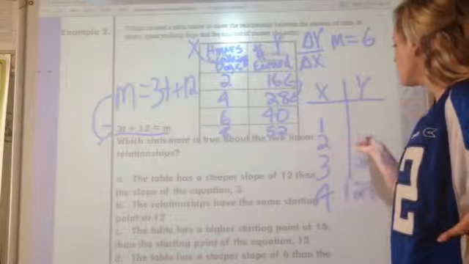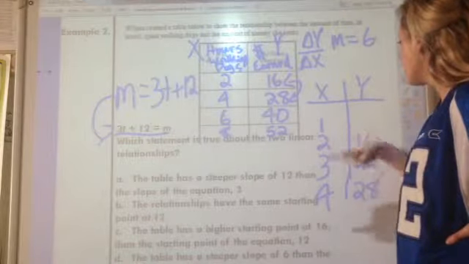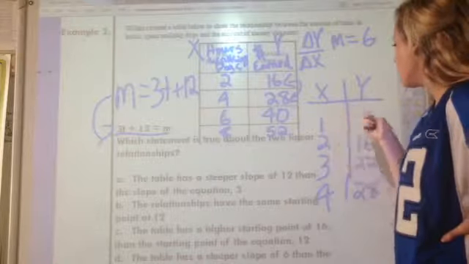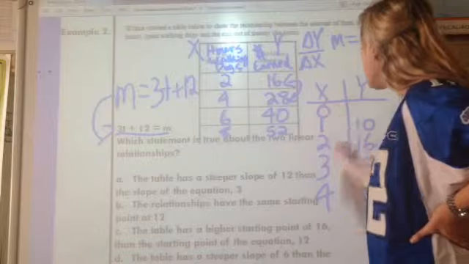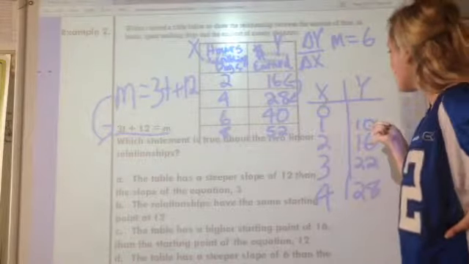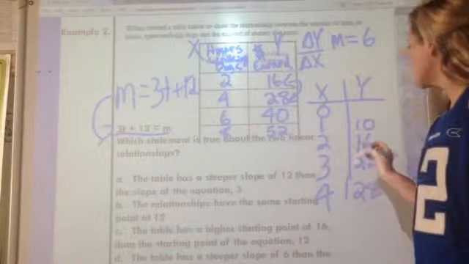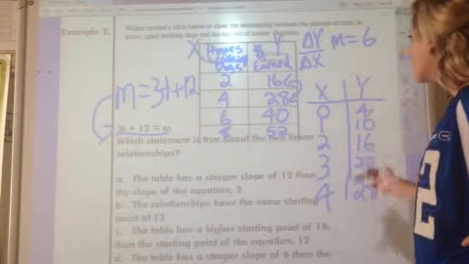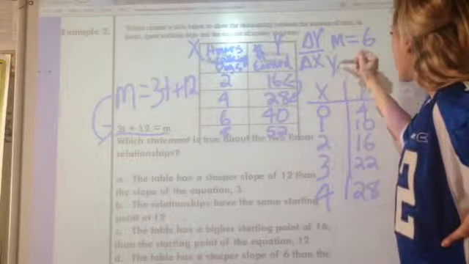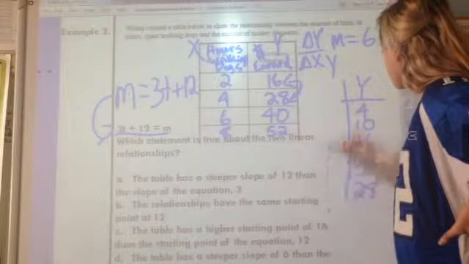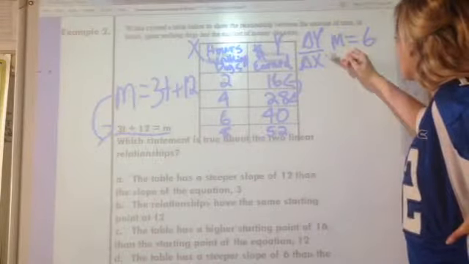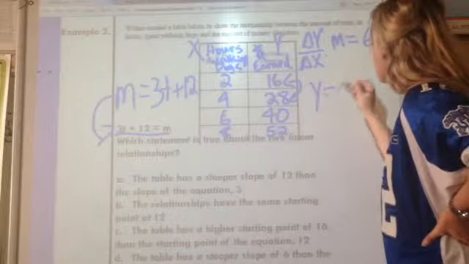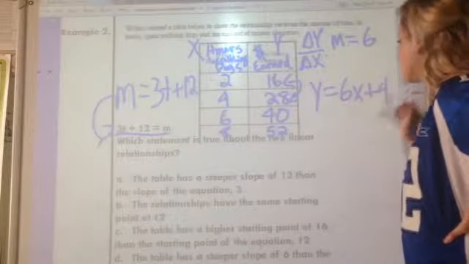If at 2, y is 16, going backwards, at 1, y is going to be 10. And then if I go back to 0, where x is 0, going backwards by 6, y will be 4. Go ahead and erase this so we can see clearly. So my equation for my table will be y equals 6x plus 4.